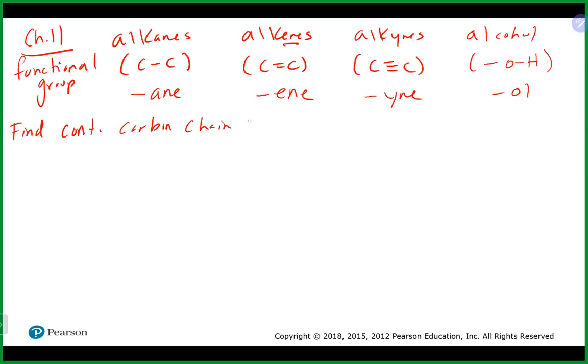Remember that the longest continuous carbon chain doesn't necessarily have to be the straightest. It can go straight up and over, but it usually has to contain the functional group.